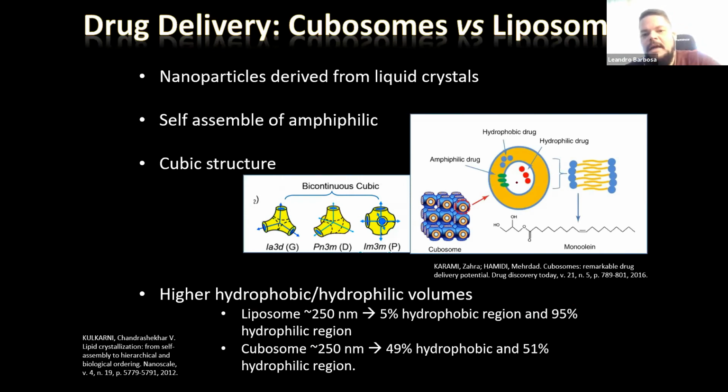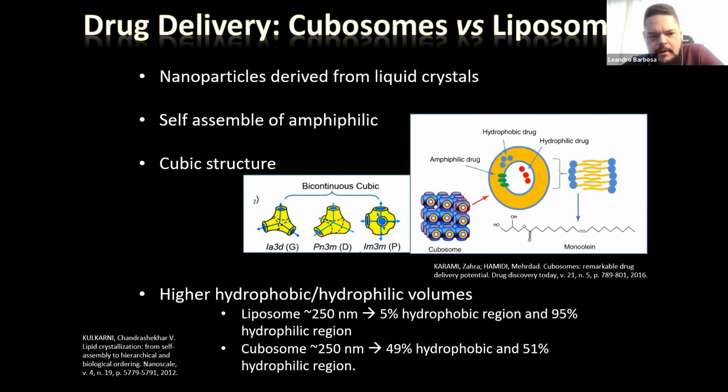Why? Because the inner part of the liposome is only water. The cross section here, which is the size of this bilayer, is something around 5, 6, at most 7 nanometers. So it's much smaller as compared to the nanoparticle diameter.